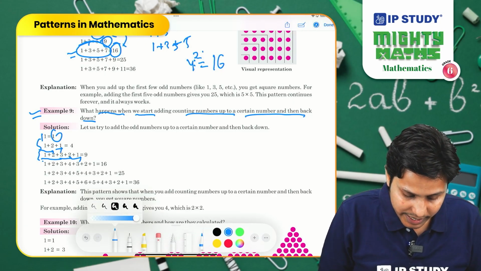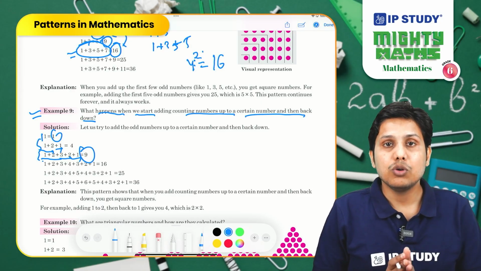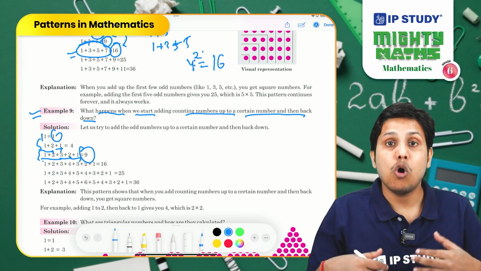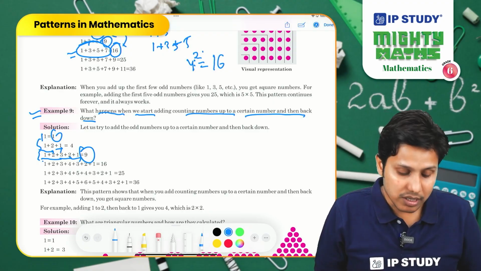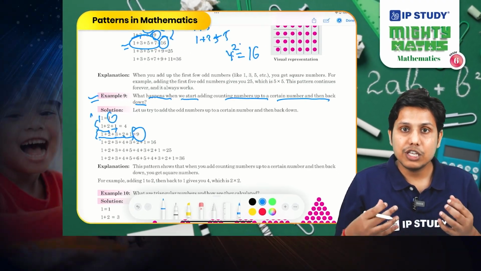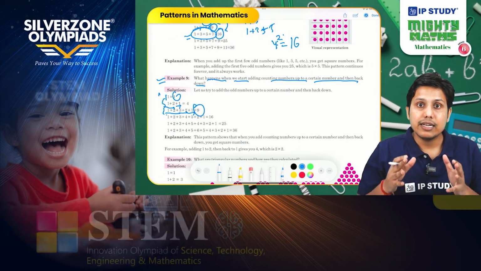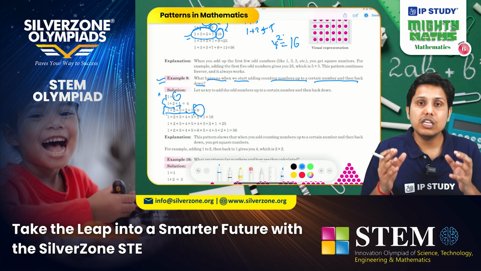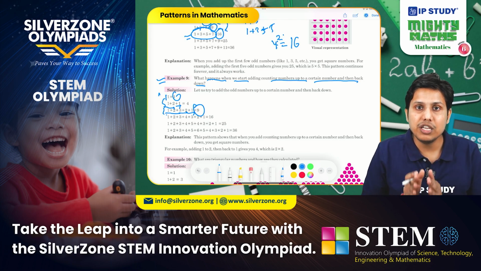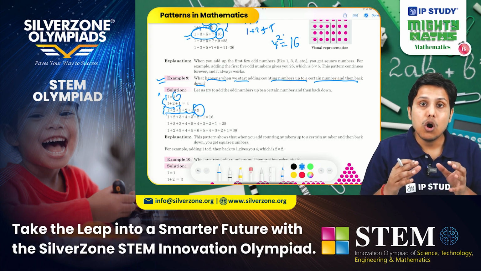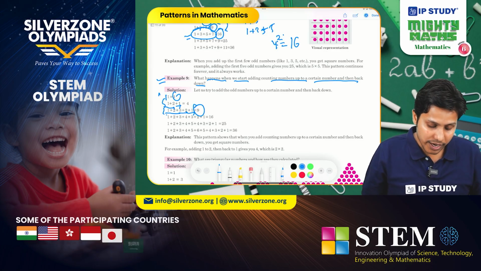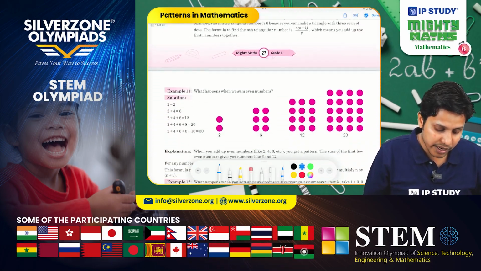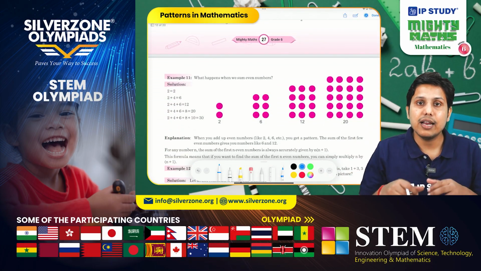Yes, student, we are getting square numbers. So counting numbers are also related to square numbers in this way. So with these 2 examples, we can understand that different number patterns or sequences can be interrelated to each other with a different rule or different formation, and you can observe all these examples given here to understand it in a better way.